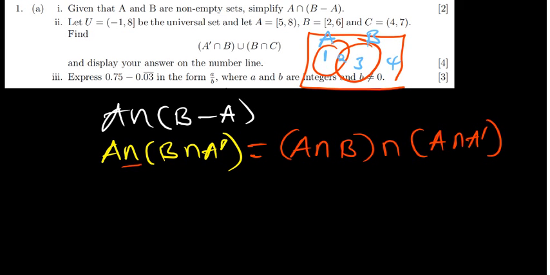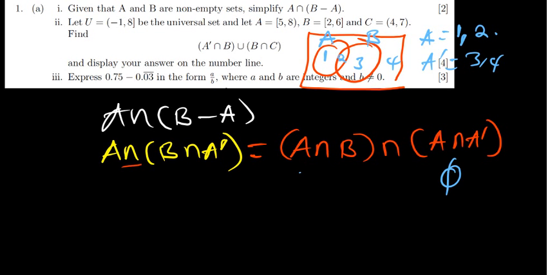Come up with a simple Venn diagram, like the one we have just come up with here. What are the elements in A? In A we have 1, 2. What are the elements in A complement? In A complement we have 3 and 4. So do we have any number which is found both in A and A complement? No, we don't. So that's the reason why this is going to be the empty set.